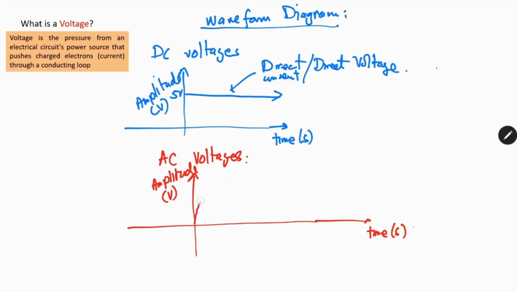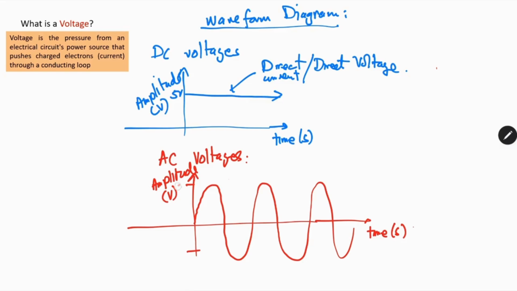Alternating between the positive and the negative. If we have a sinusoidal waveform like this, for example 5 volts and minus 5 volts AC, that means every time the source will alternate between positive 5 volts and negative 5 volts. So it is alternating every now and then.